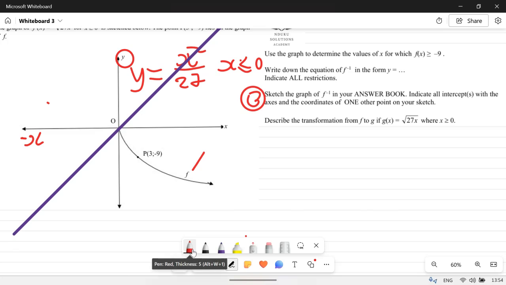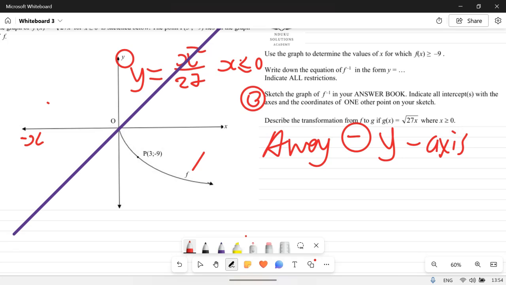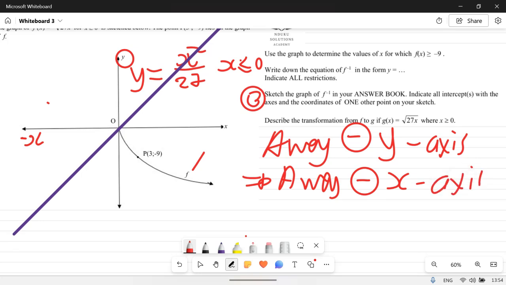If initially it was curving away from the negative y-axis, it means the only thing that changes will be y in the inverse. So for the inverse, it will have to be away from the negative x-axis, because x becomes y, y becomes x.